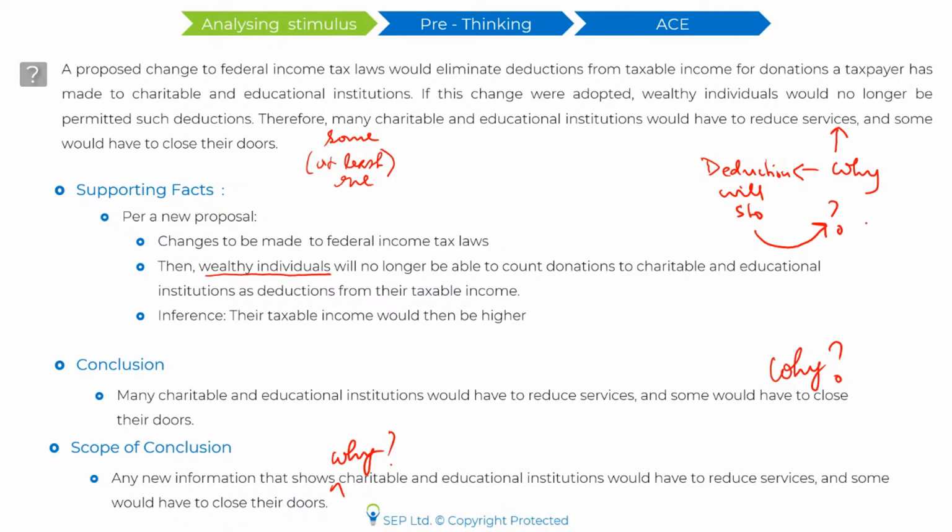It means reduced funds. Reduced funds means wealthy individuals not donating as much as they used to. So it's very simple to spot the missing links, guys.